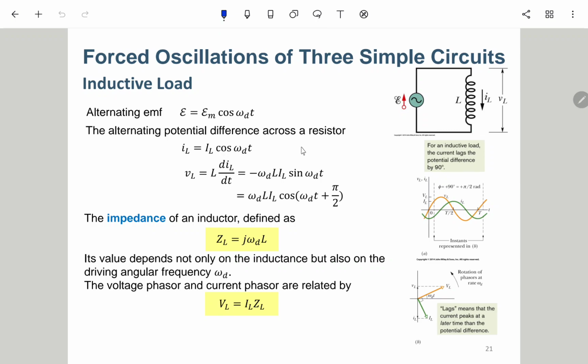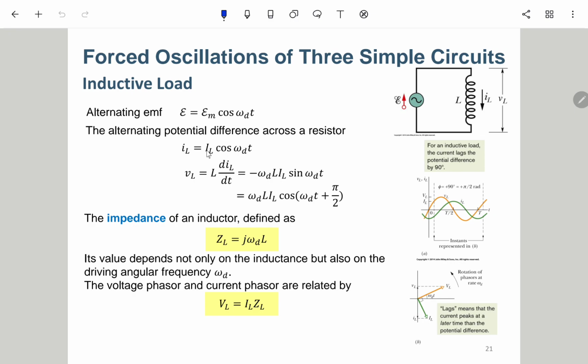Okay, so for the next case we have the inductive load. Let me finish this page first and then we have a 10 minute break. So here we have an inductor, with the AC source connected to the inductor. The same equation here. And here we assume that iL equals IL times cosine omega dt. And for the inductor we have vL equals L di/dt.